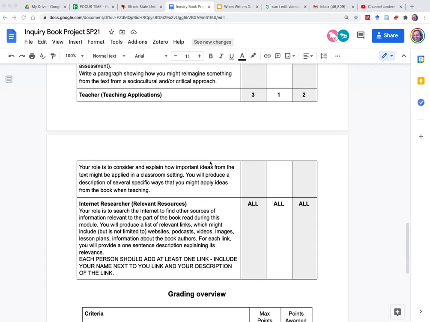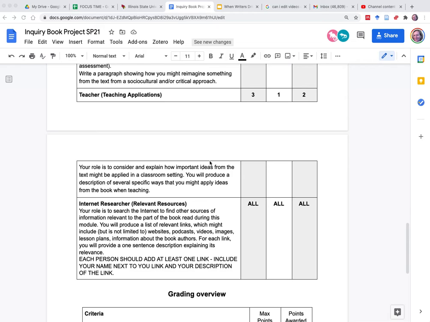What I want you to be really careful to do is to pull information from the text, sort of really specific information that could be directly applied in the classroom. In this role, you're really reading through the chapter and finding information like, oh yeah, that would be a really good idea that I could apply in the classroom.